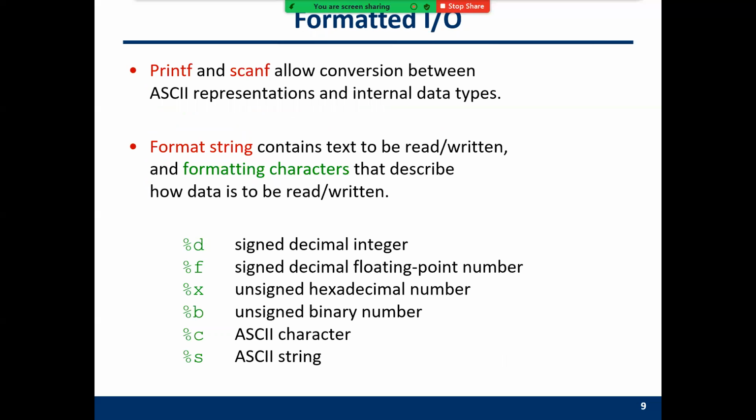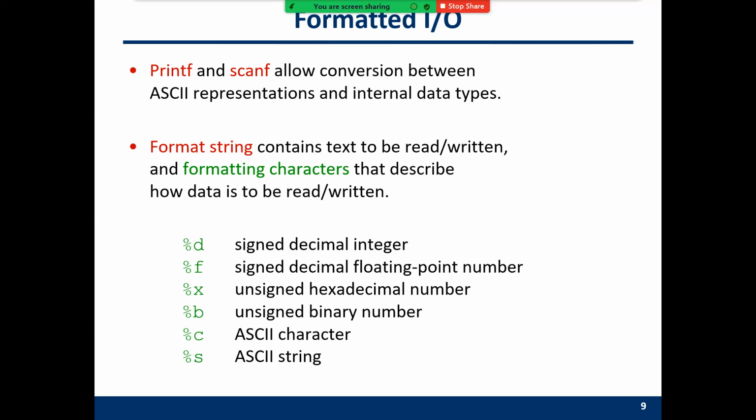And then we have formatted I/O. We use printf and scanf to enable the conversion between the ASCII representations and the internal data. So everything you input from the keyboard is an ASCII representation.